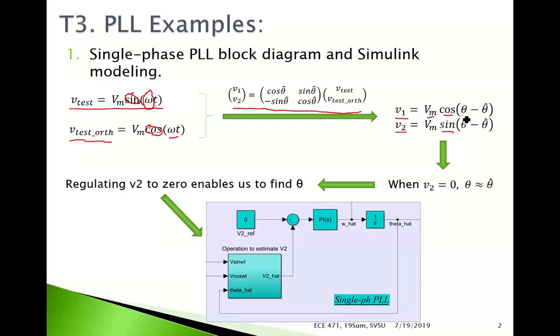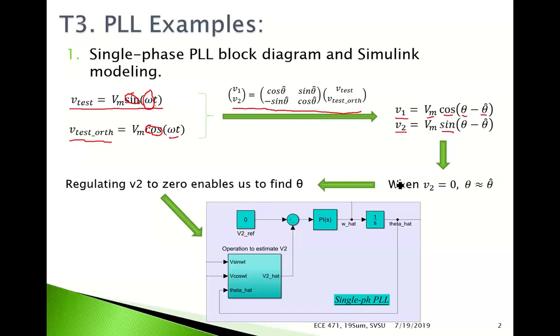Here theta is the real position angle of the tested signal, and theta hat is the estimated value. Obviously we want theta equal to theta hat, so that we are successfully tracking the position angle of the tested signal. So how to make that happen?